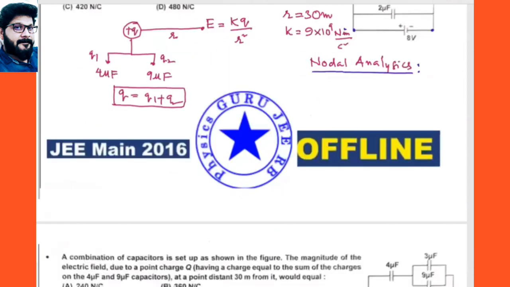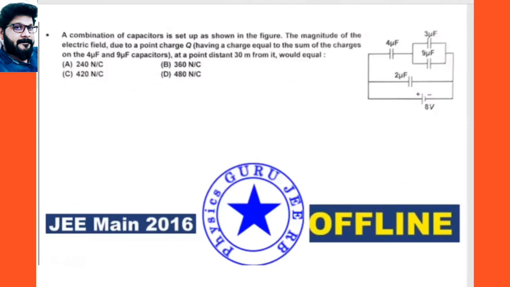So let me draw here. First identify the nodes 1, 2, 3, 4, 5, 6. Like this, we have to identify them. Now that the nodes are identified, when the battery is there, you take it as plus 8 volts and 0 volts.